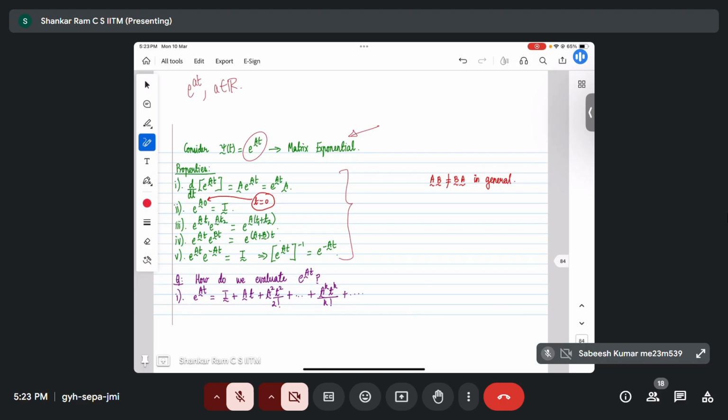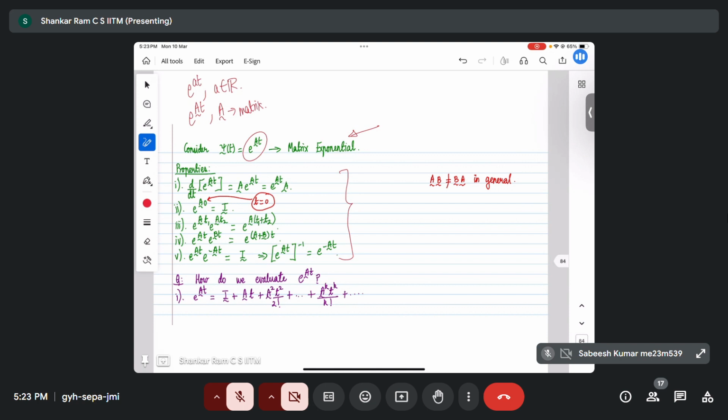So this was a real, quote unquote, exponential. However, now we have a matrix exponential. We have the same exponential function, but the exponent now is a matrix. So A is a matrix. I hope this intuition is clear, on the difference between the scalar exponential and the matrix exponential.